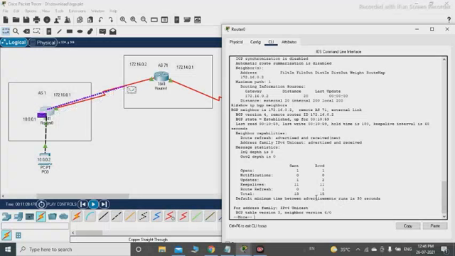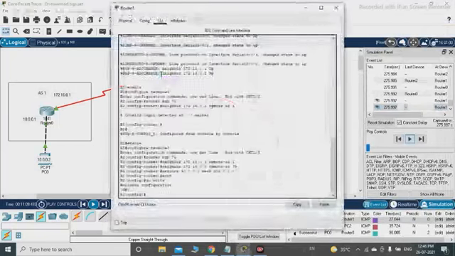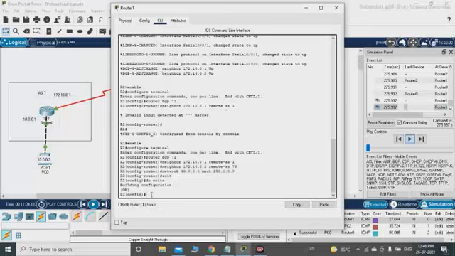So we can check the same thing for router 1 also. That is, this is router 0. For router 1 also we can check the neighbor data, the summary, the protocols and the routes. We can write show ip route first.